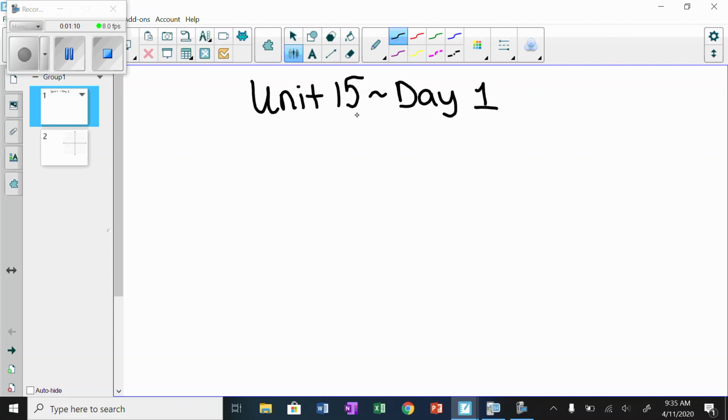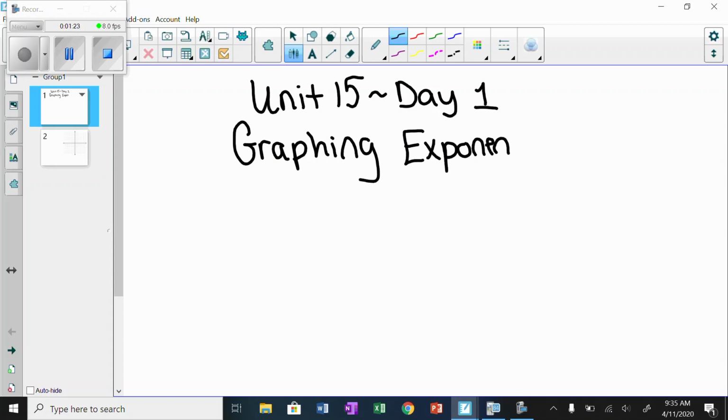We are on Unit 15, Day 1, graphing exponential functions. And before we can talk about graphing exponential functions, let's just talk about what an exponential function is.